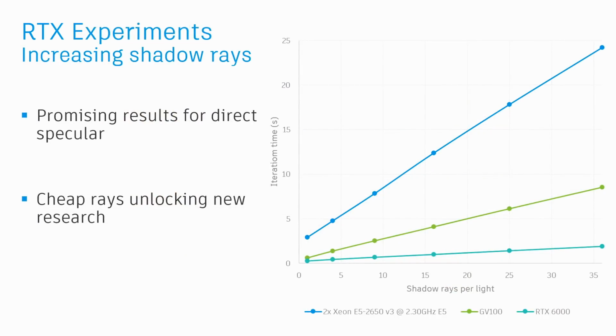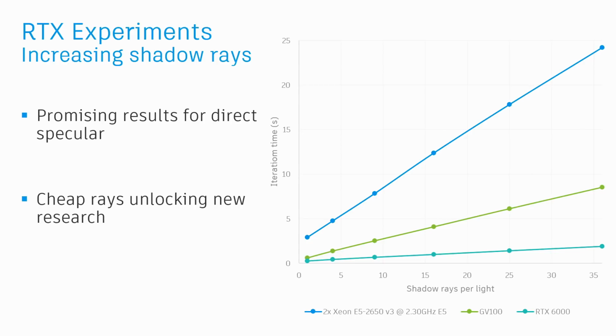And this is a slide I showed at SIGGRAPH. That's when we had just gotten RTX. We had access to RTX for maybe 8 days or something like that. So this is a nice experiment to showcase how RTX makes ray tracing a lot cheaper. This is going from 200 million shadow rays to 5 billion.